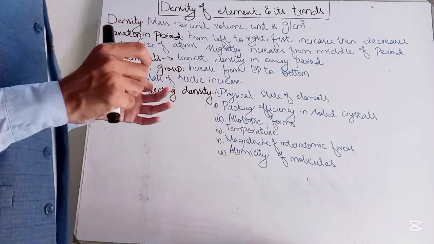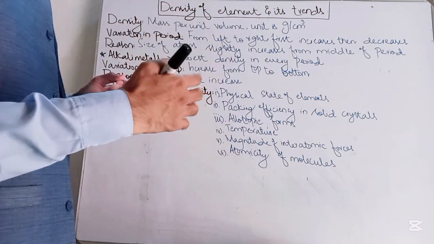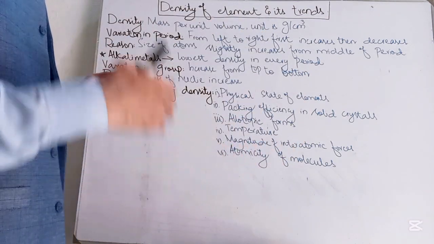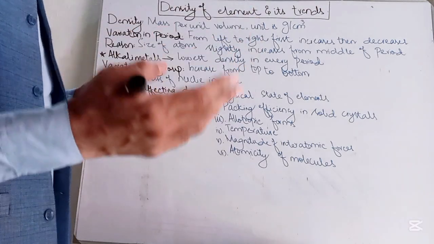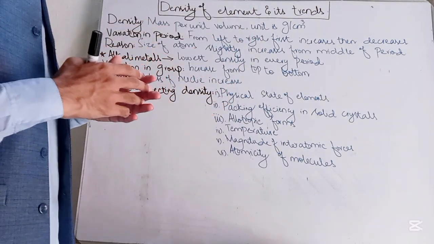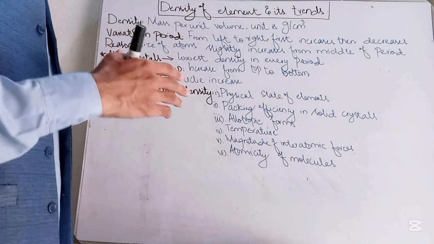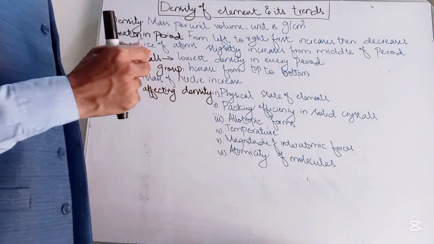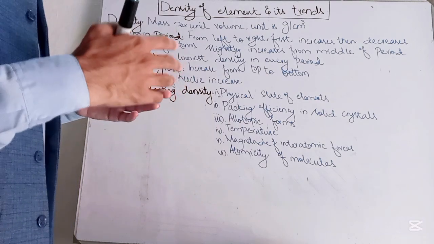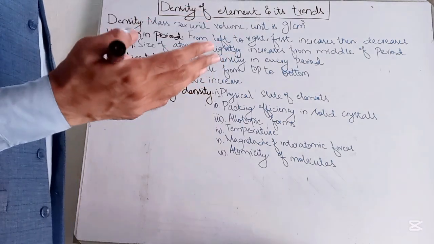So the size of the atom gradually starts increasing toward the end of the period. And because of the increase in size from the middle toward the end of the period, the value of density starts decreasing towards the end of the period.